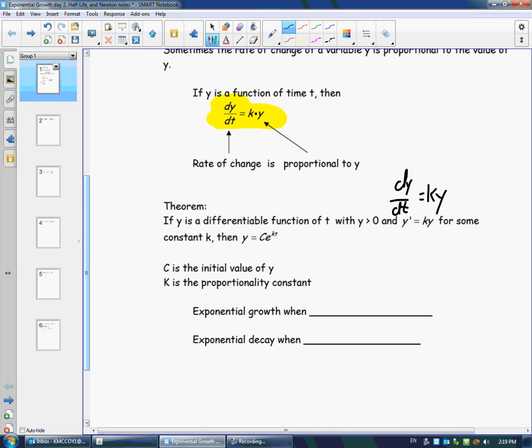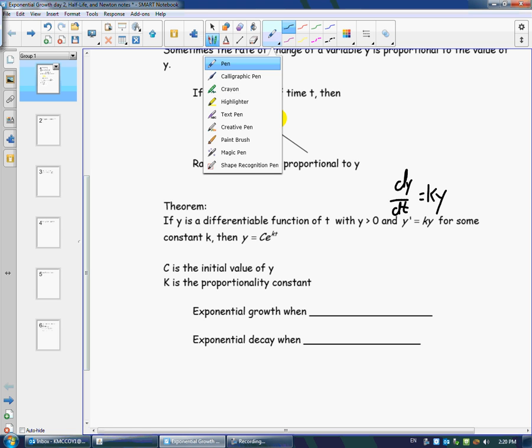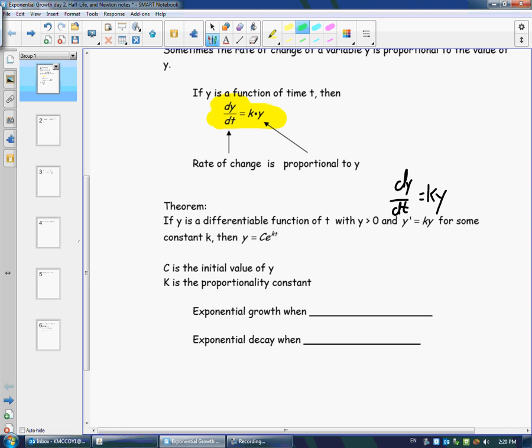And the constant of proportionality was k. If we did that, you should have noticed every single time, when you went through the entire process of separable differential equations, you ended up with this guy right here, y equals ce to the kt.